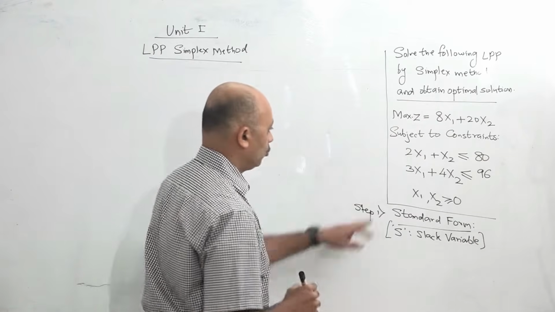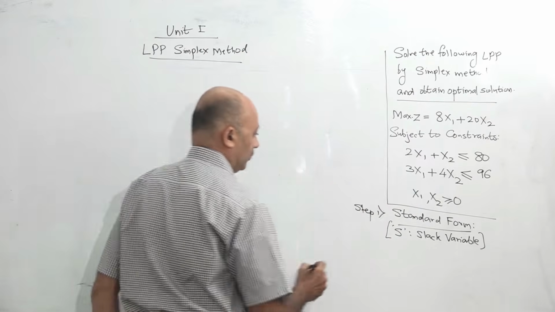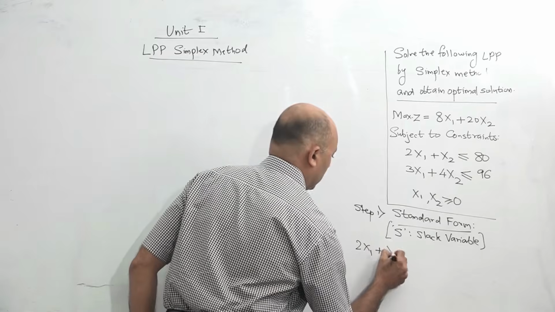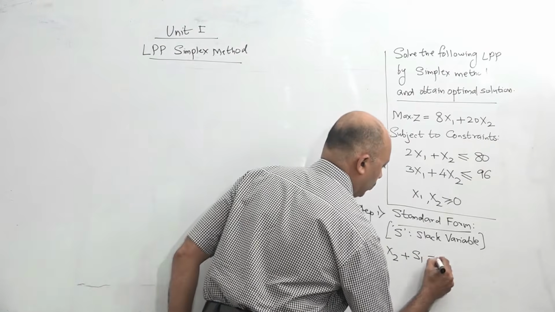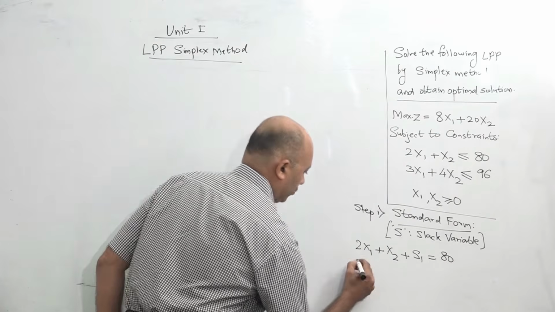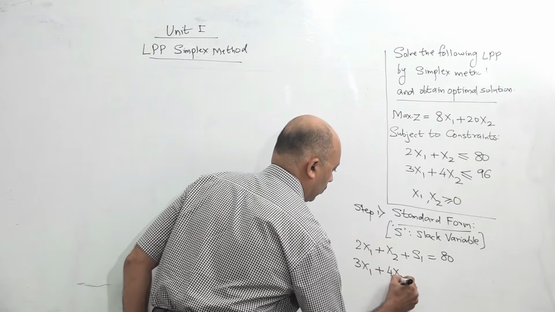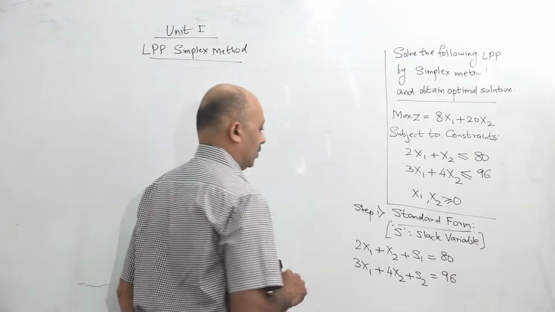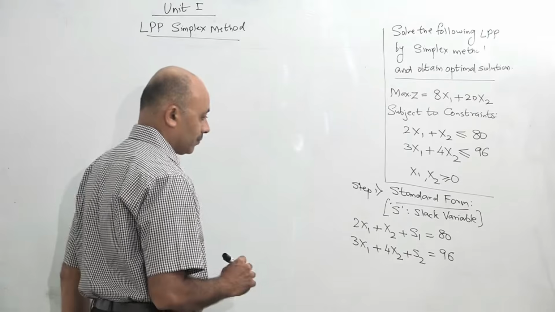So we will introduce one variable in the first constraint and one in the second constraint. It will be like 2x1 plus x2 plus s1 equal to 80, and in the same way in the second constraint 3x1 plus 4x2 plus s2 equal to 96. So this s1 and s2 are called slack variables.